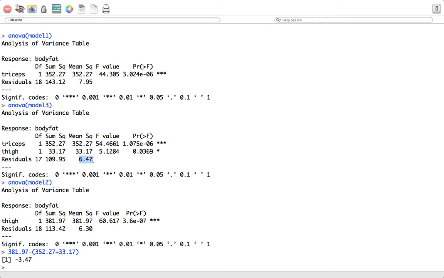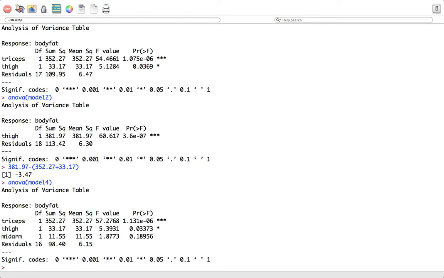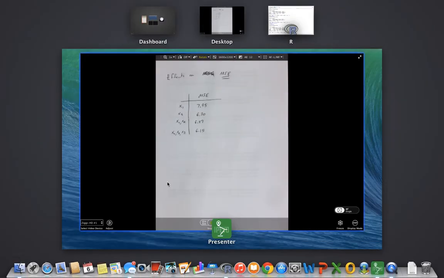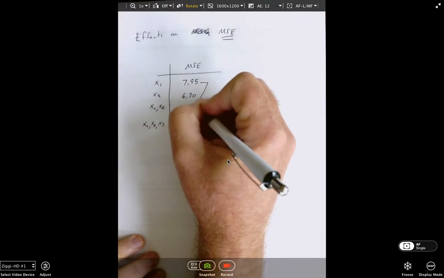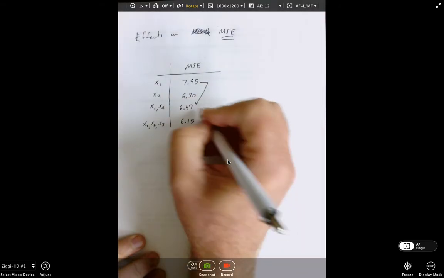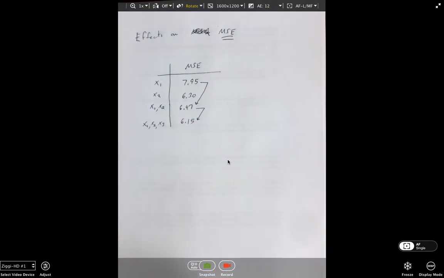And then we put everything in the model. I don't think I've done that, have I? So let's run an ANOVA for the full-on model. And we can see that our mean square error dropped to 6.15. So again, just focusing on X1, we can see that adding X2 did decrease the mean square error as we add more predictors, even though they're correlated.